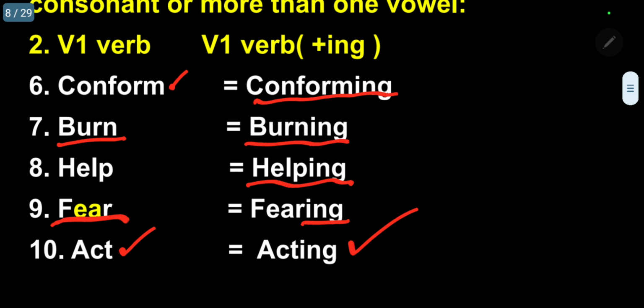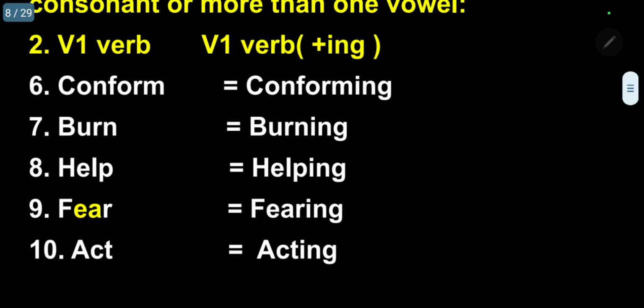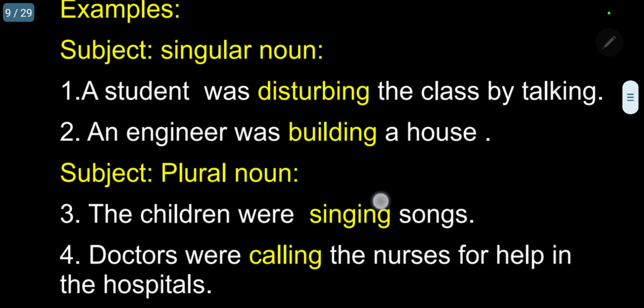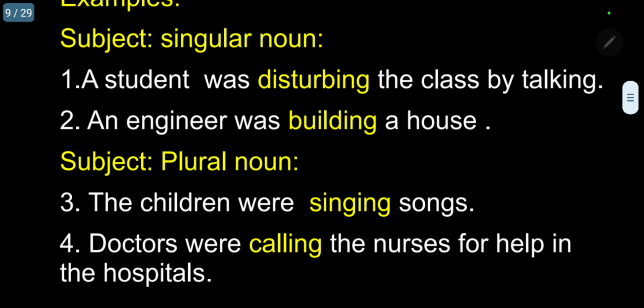So let me repeat again, my dear students. If any V1 verb ends with these letters, preceded by more than one vowel or a consonant, simply you will add ing like all the other letters. Please follow. Okay. Next, I will give the examples.